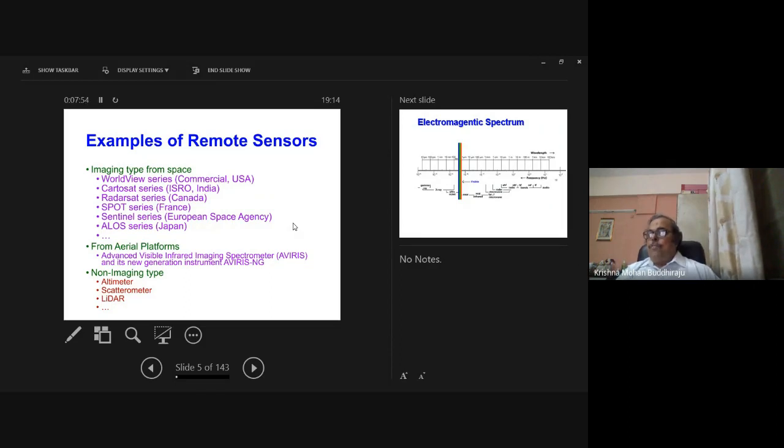So today you have a very wide range of imaging sensors. Some are commercial, some are government launched, so they are given away at a very low cost or free. You have imaging sensors from space and from aircraft.